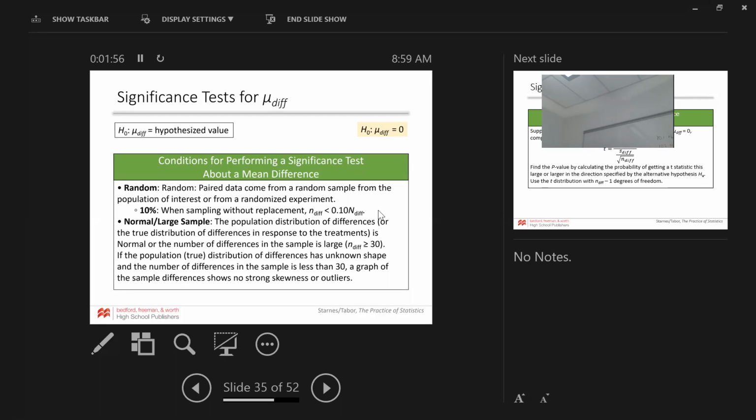If not, you have to have information that the two populations are approximately normal. If you have neither one, you use your calculator to draw a box plot of the differences.